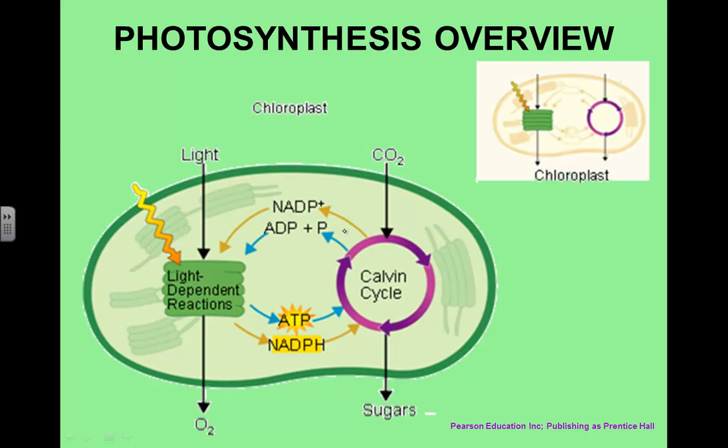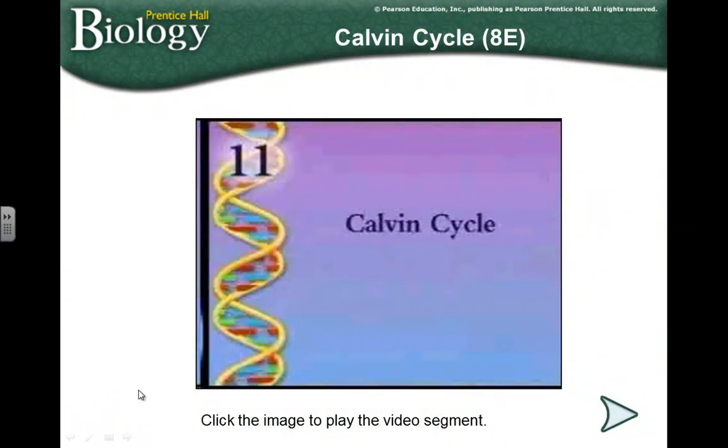It also produces ADP plus phosphate, and it produces NADP+, which is nicotinamide adenine dinucleotide phosphate, which is required for the light-dependent reaction. And now I'll take you to a video.